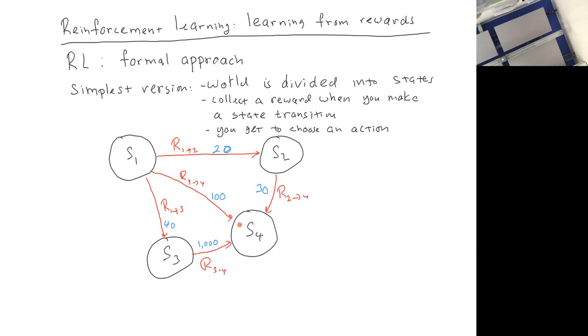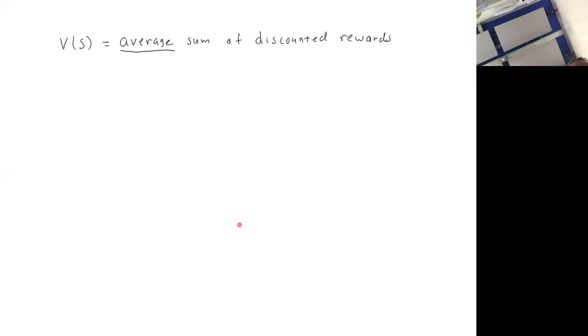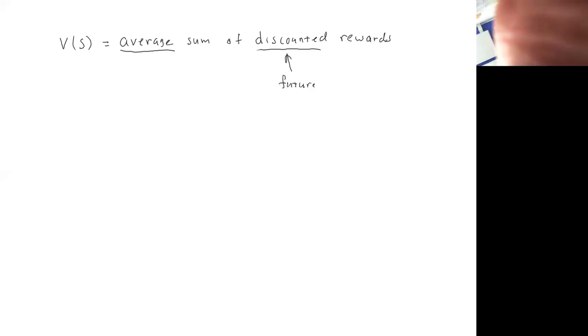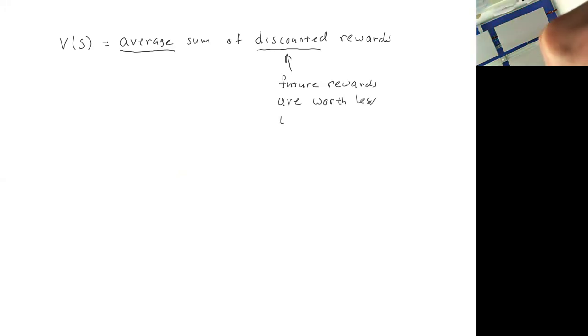So often in life, and this kind of makes sense, right? You make a decision, you don't quite know what's going to happen. But we can write this as, and now discounted, because future rewards are worth less than current rewards.